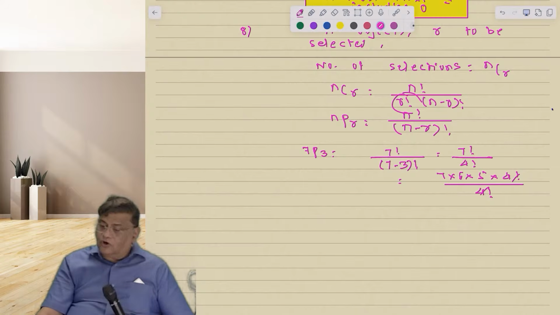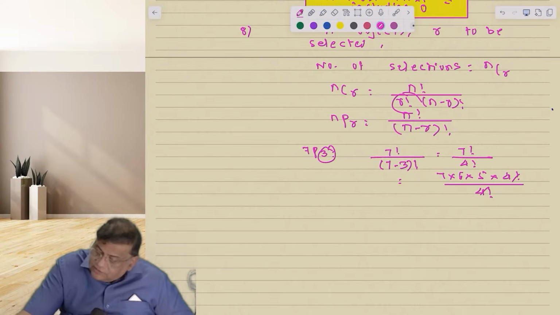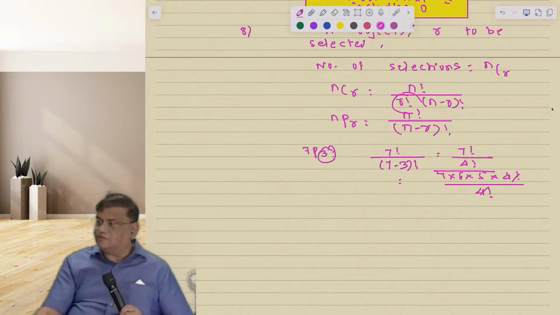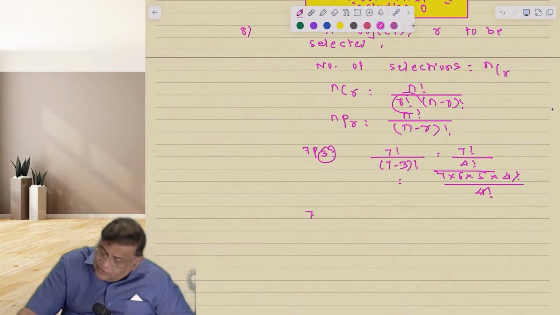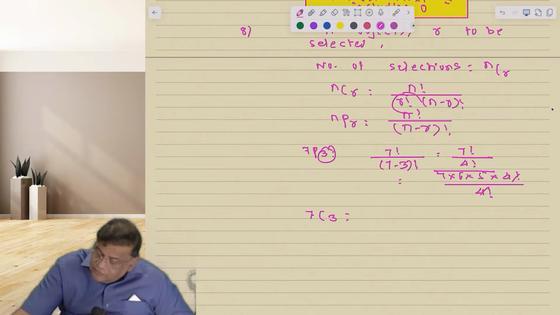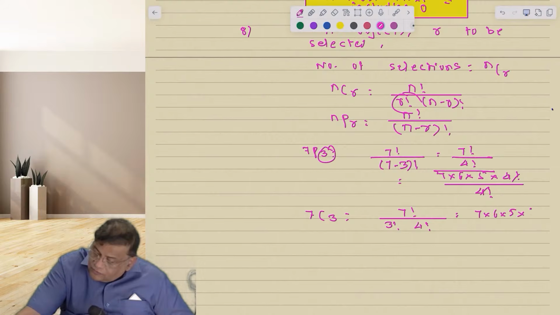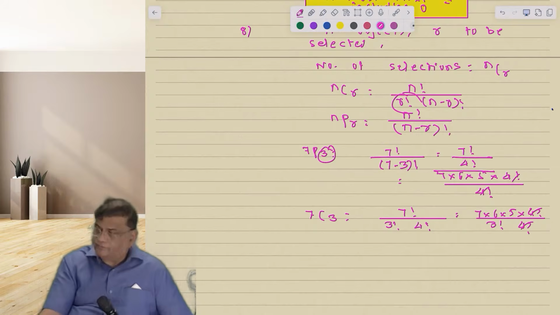And that is how you got 3 factors there. Those 3 factors are here, 7, 6, 5. But whenever I had to write 7C3, it will be 7 factorial over 3 factorial and then 7 minus 3, 4 factorial. So it will be 7, 6, 5, 4 factorial over 3 factorial into 4 factorial will be cut.